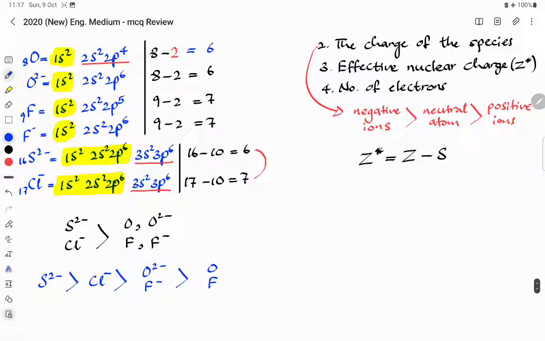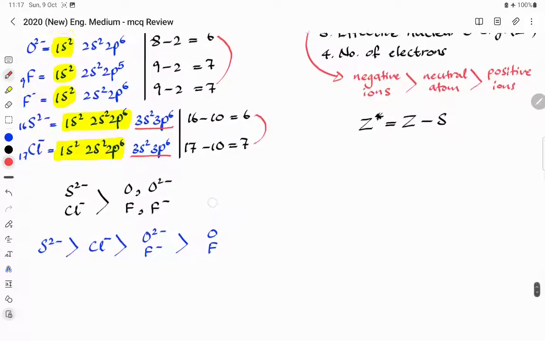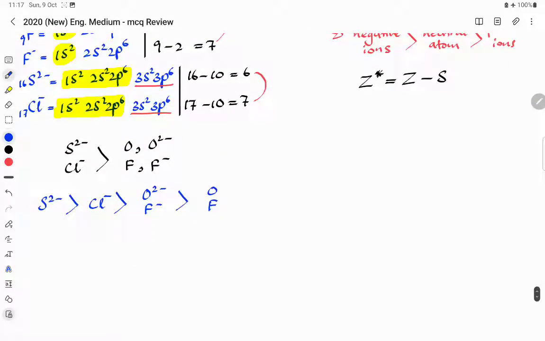Okay, now if we apply the third point here, the effective nuclear charge of oxide and fluoride. So we are comparing this and this. The effective nuclear charge is smaller in oxide ion, therefore its radius will be greater.